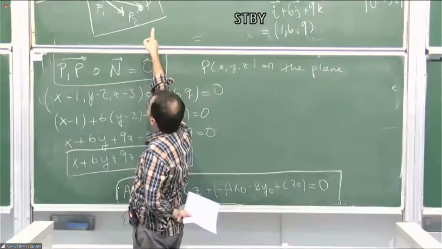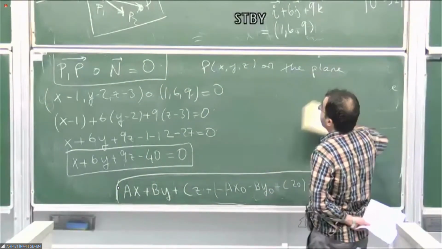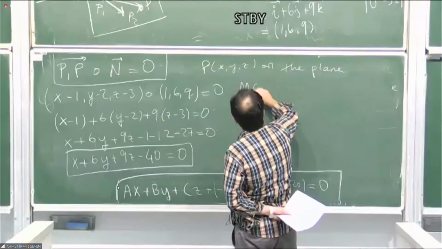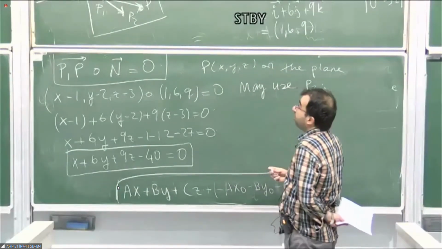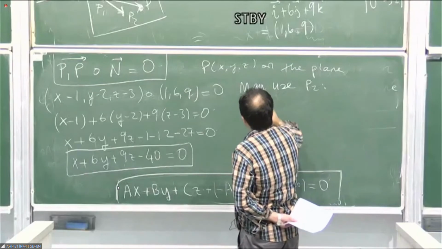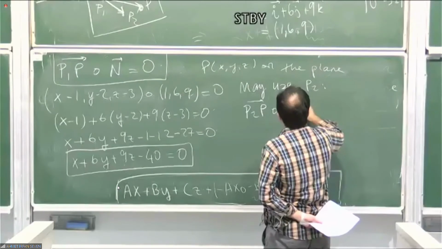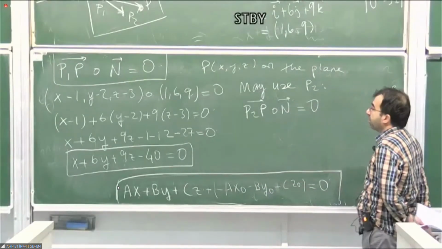In fact, I could have used another point. So let's write the equation using P2. Right. So we may use P2 as well. So P2P dot n equals 0. This would also be an equation, right? So let's write this equation.